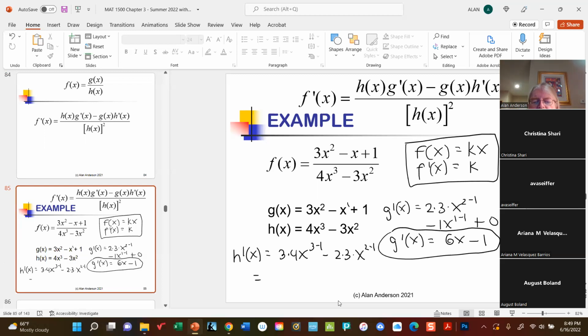And we're going to wind up with 12x squared minus 6x. Okay, so those are the two derivatives that we need. And now it's just a question of plugging in the numbers. Although it's a very messy expression, it's really just now down to substitution and possibly some simplification.